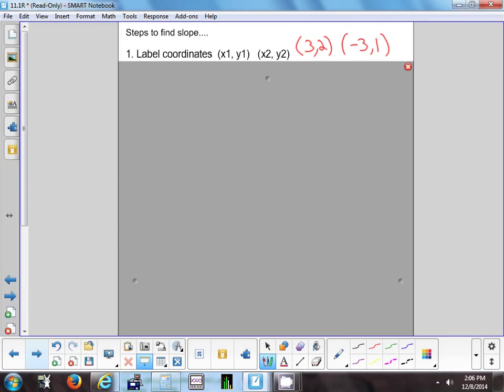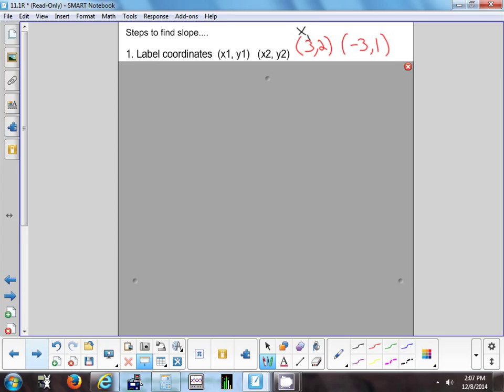Ben, if I was going to label these, what would the 3 be? What letter comes first in the alphabet, x or y? Good answer. If I was comparing those two, which one comes first? x, right? So what is this going to be, Ben? x what? x1.